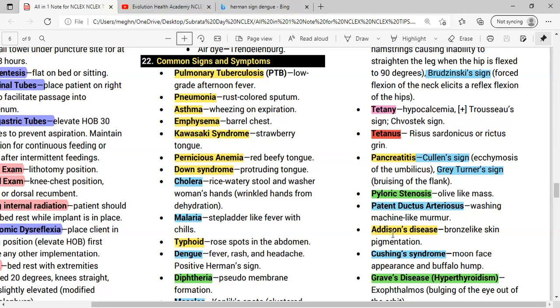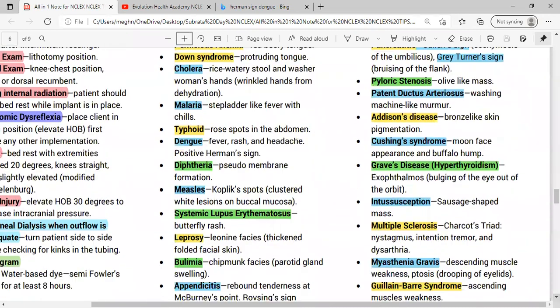In case of Addison disease, there is skin pigmentation. Everything is down: hormone secretion from the adrenal gland, steroid secretion, should be down. In case of Cushing, the steroid hormone goes up, U for up. So the patient has a moon face appearance and also a buffalo hump.